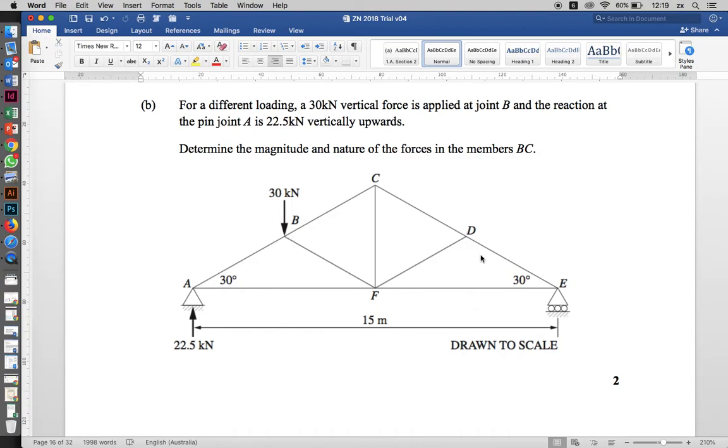When you get all that, you're going to find that BC equals minus 15, and because our answer comes out negative, that means we're in compression, because we made an assumption and our assumption ended up being wrong.